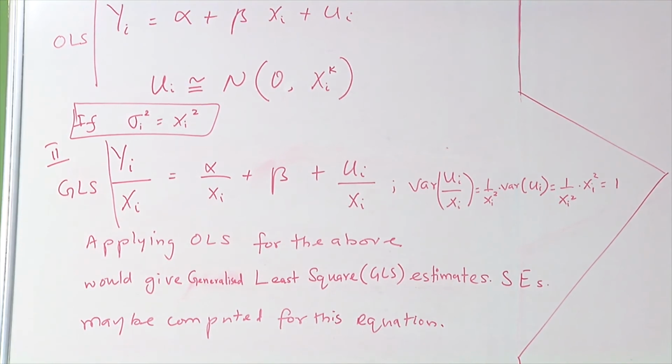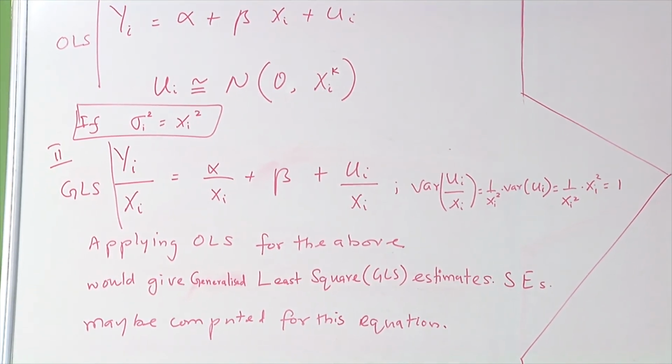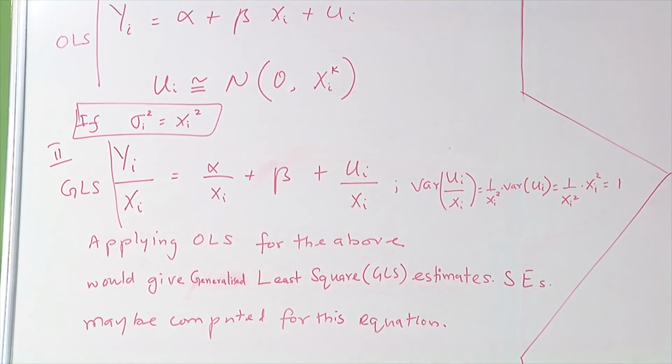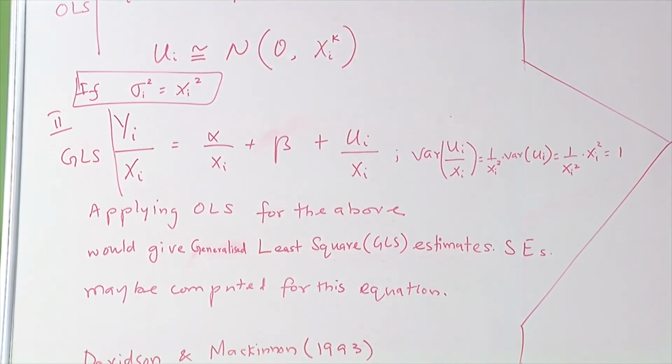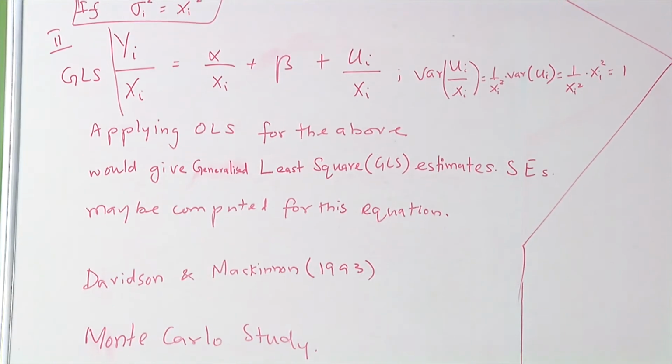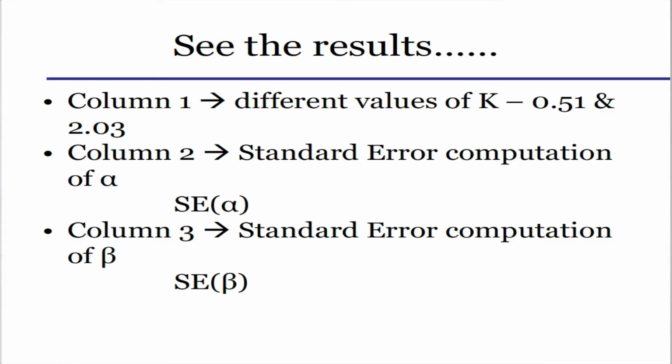A study was done by Davidson and MacKinnon in 1993, using a Monte Carlo experiment with 20,000 repeated samples. See the results table. The first column is about the value of k, and different values of k are given: 0.5, 1, 2.0, 3 and 4.